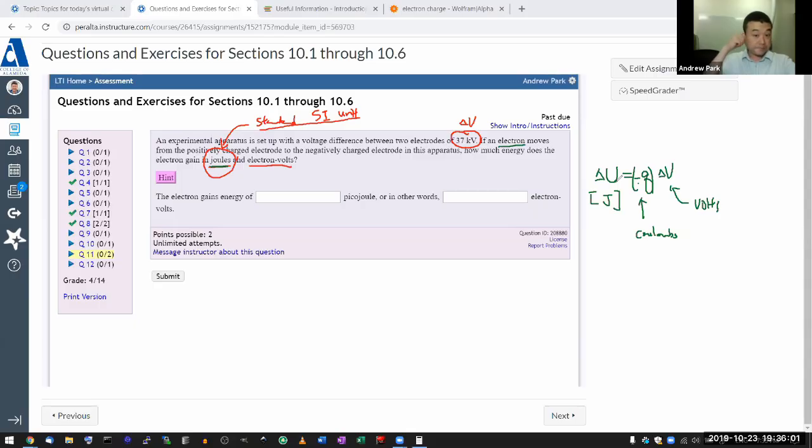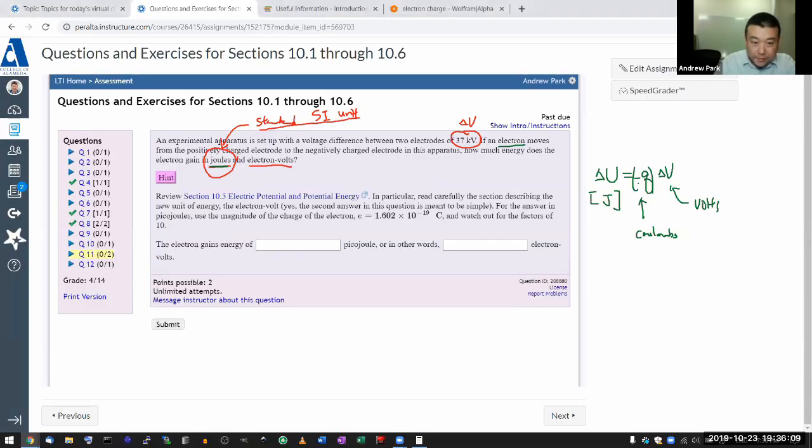So, I guess I'll just do the calculation. I hope some of these numbers are in the hints, so I don't have to look it up separately. Oh yeah, it's giving me the electron charge. So let me just plug in the numbers. I'm going to ignore the sign here because the language of electron gains is going to take care of all the signs.